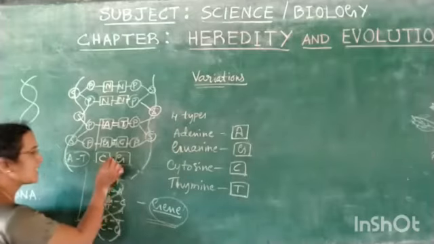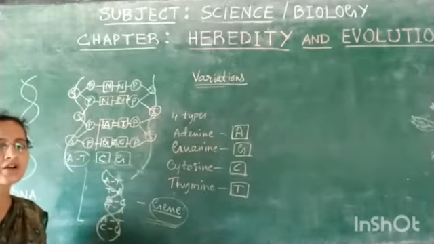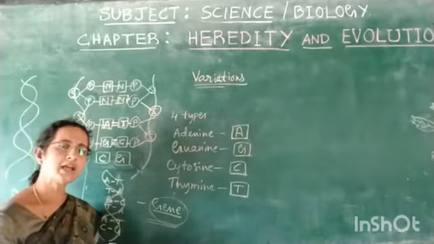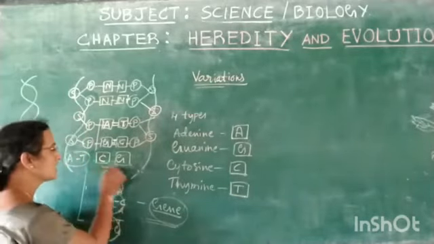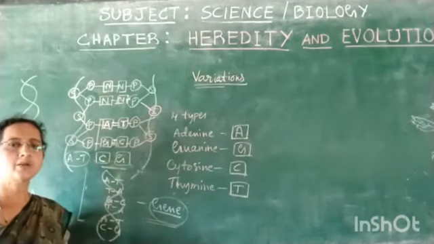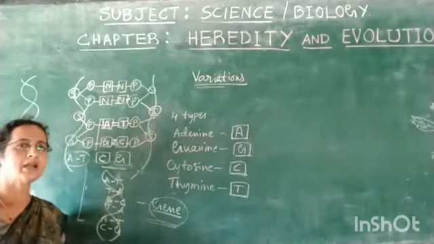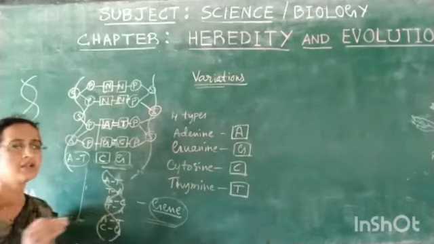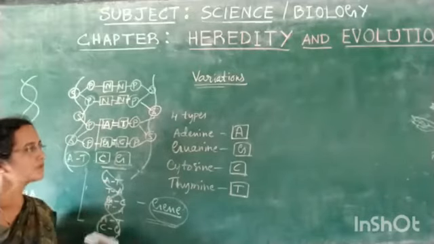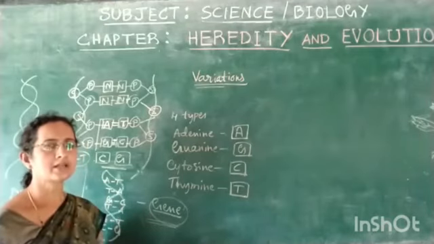If there is a slight change in these nitrogen bases, it results in the formation of black eyes in the child, though the parent is having brown eyes. So due to variation, the child may get different eye color. This is how the variations are noted in living organisms.